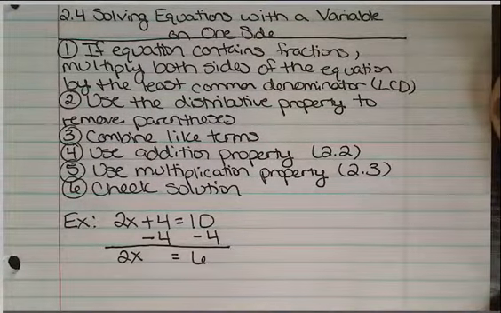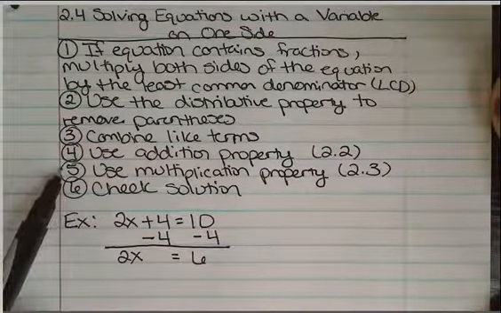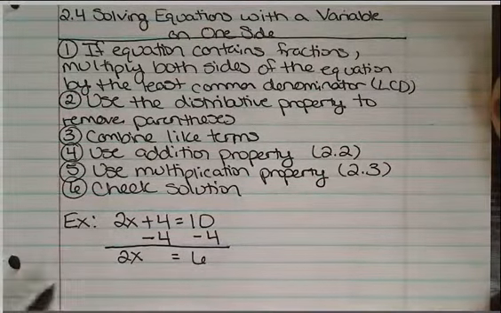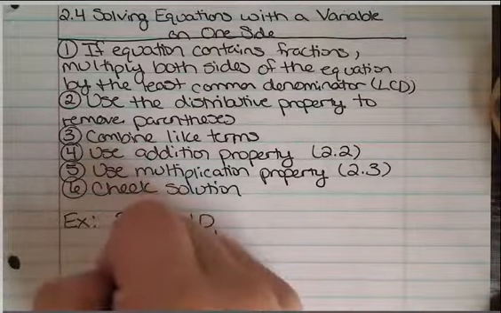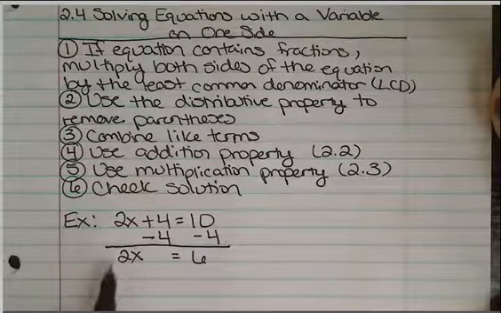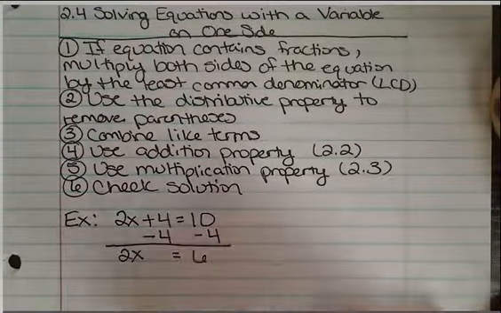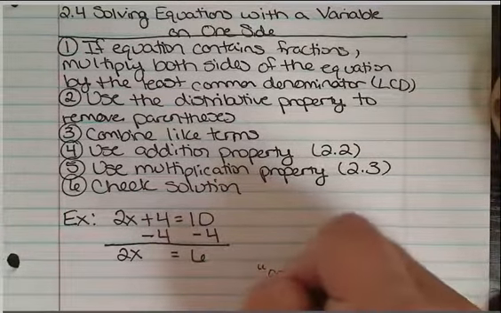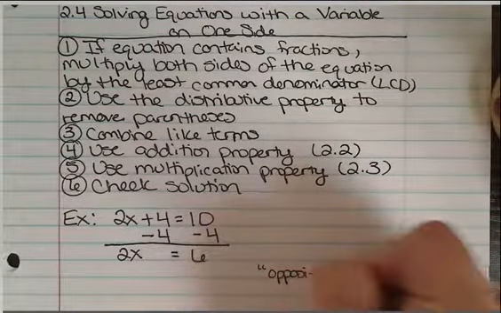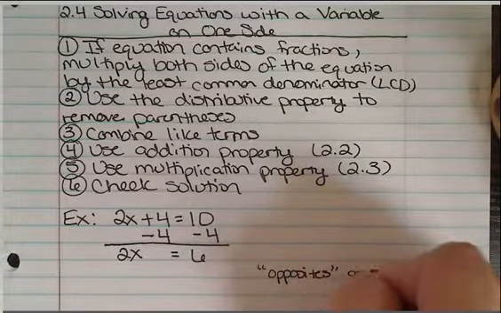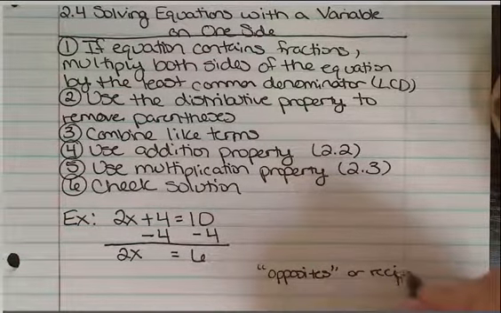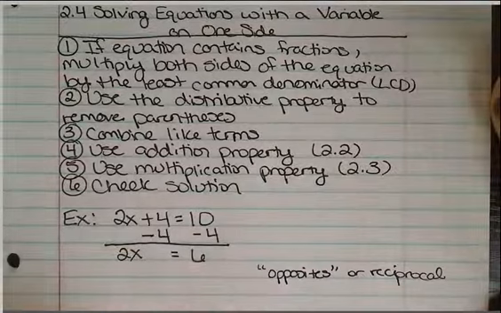Now it's step number 5. We're going to use the multiplication property. You can use either the opposites method or the reciprocal method. I'm going to use the opposites method in this case, but you can use either one.